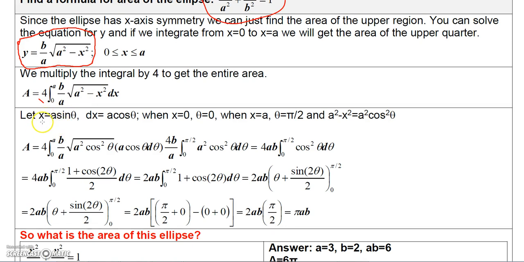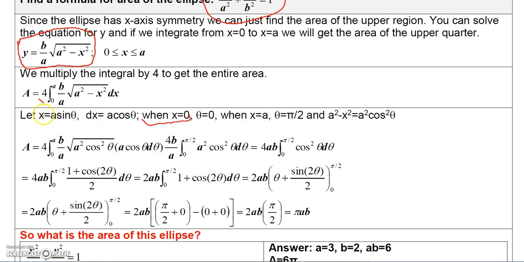So what we're going to do is, since I have a squared minus x squared here, I'm going to let x equal a sine theta, because that's the trick you do when you have a squared minus x squared. And then dx would be a cosine theta d theta. Now, since we're integrating as x goes from 0, let's see what theta is when x is 0.